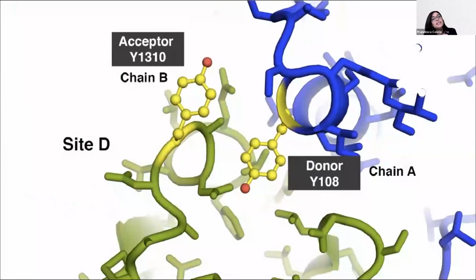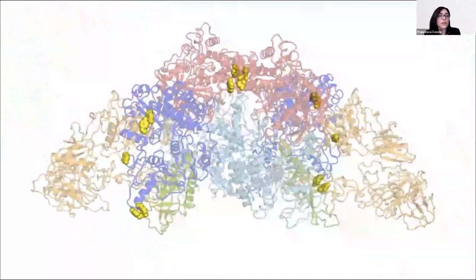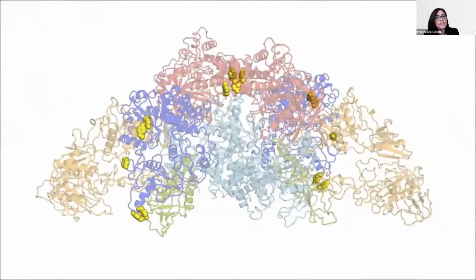In site D, we have a single donor, but this time across two different subunits. We identified this from the structure, but we wanted to verify experimentally whether the sites we found are actually forming hormones. So from this analysis, we have 4 acceptors and 5 donor types.